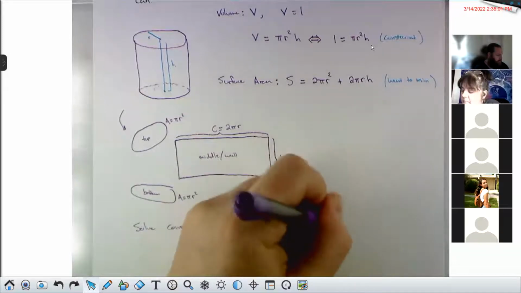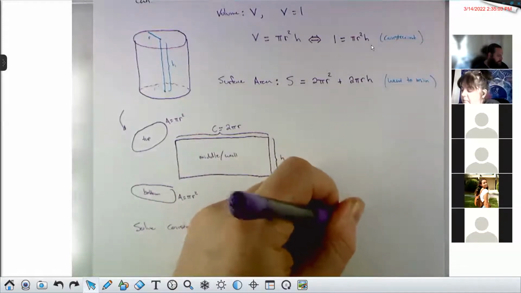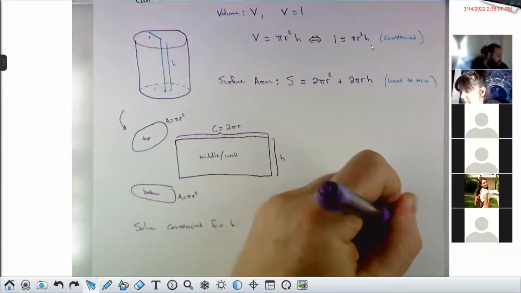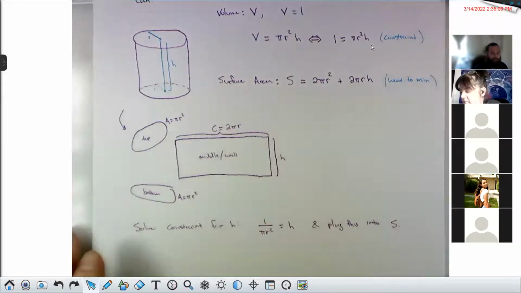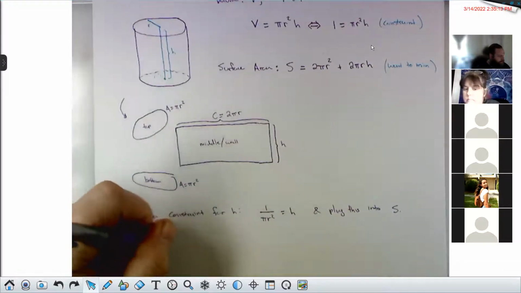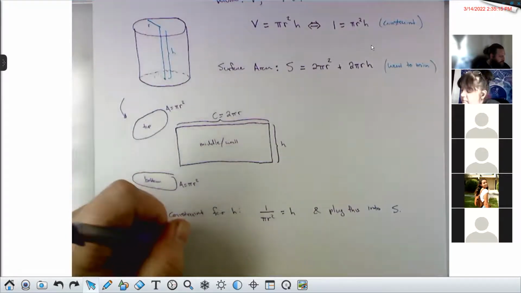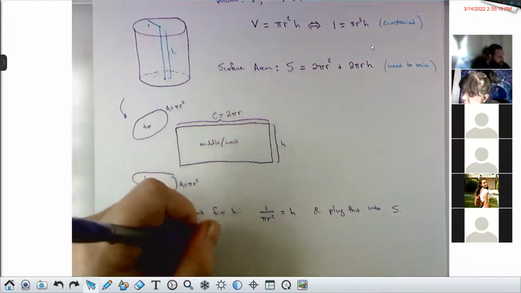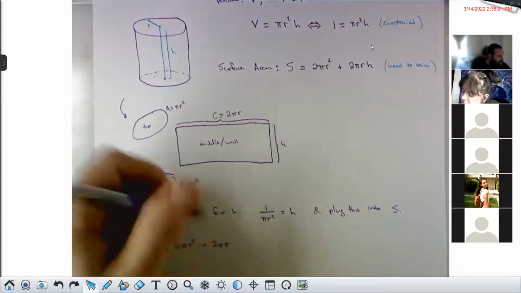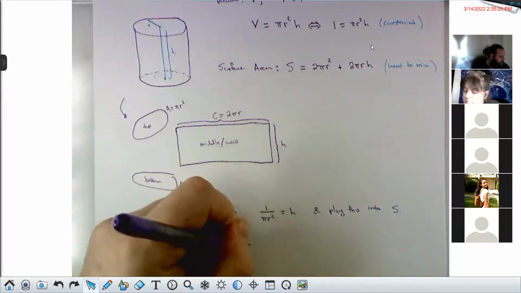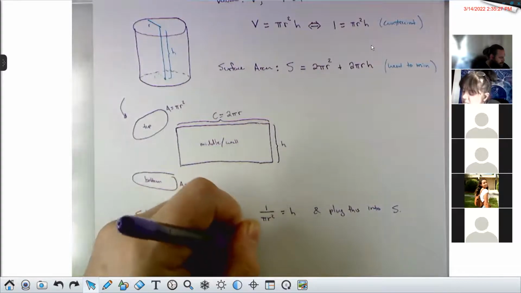And then I'll plug this into my surface area. That gives me S equals 2 pi r squared plus 2 pi r. And now instead of h, I'm going to write 1 over pi r squared.